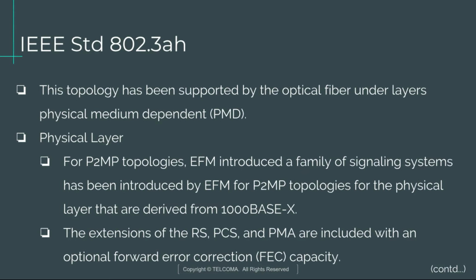This topology has been supported by the optical fiber underlying physical medium dependent layers. Next is the physical layer. For P2MP topologies, EFM introduced a family of signaling systems for the physical layer that are derived from 1000BASE-X. The extensions of the RS, PCS and PMA are included with an optional forward error correction capacity.